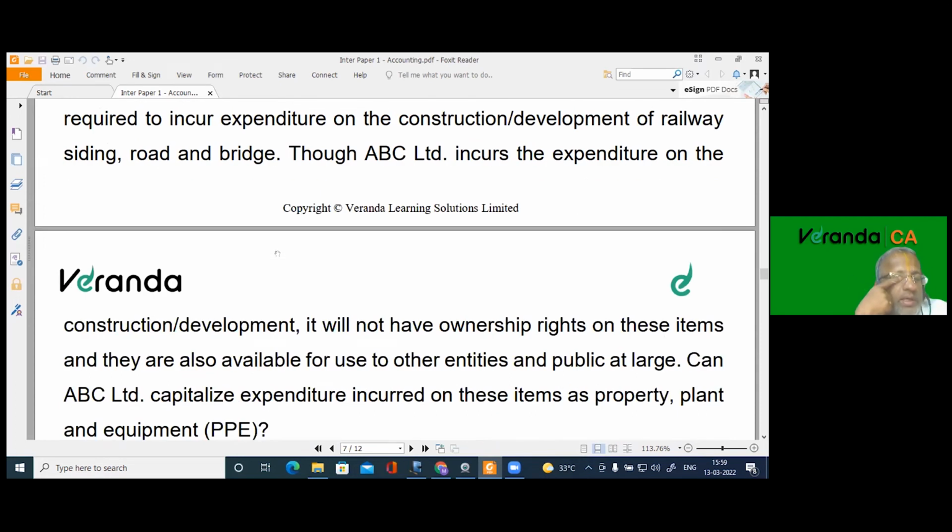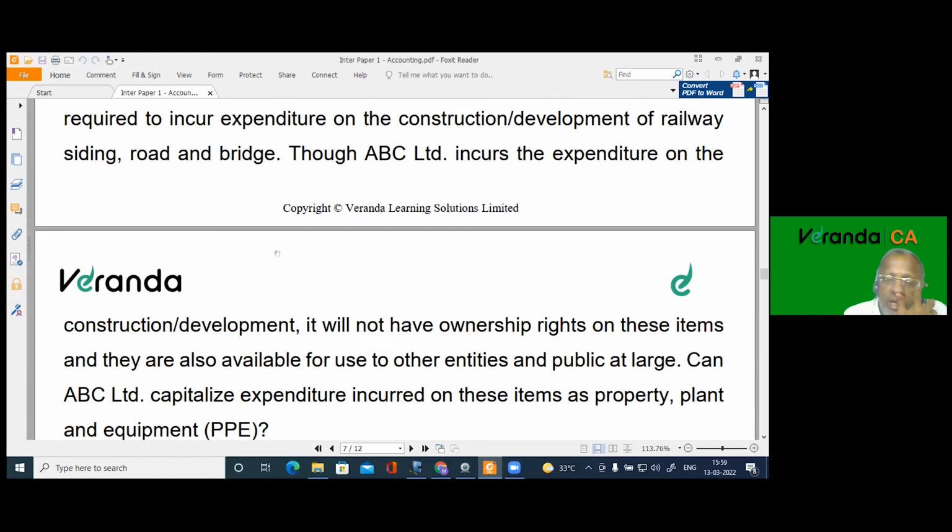In their own interest, this refinery constructed sidings, roads and bridges for safe passage of oil before refining and after refining. It is their own interest that they have done this. It will not have ownership rights on these items because these roads, sidings and bridges are not private property. They are open to the public.